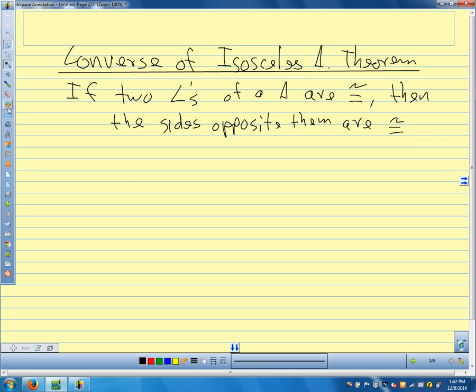And our picture essentially looks the same, and just our arrows go the opposite direction. So we know that the angles are congruent. That tells us that the sides opposite them are congruent. So if we call this A, B, C, we just write it in the opposite order.